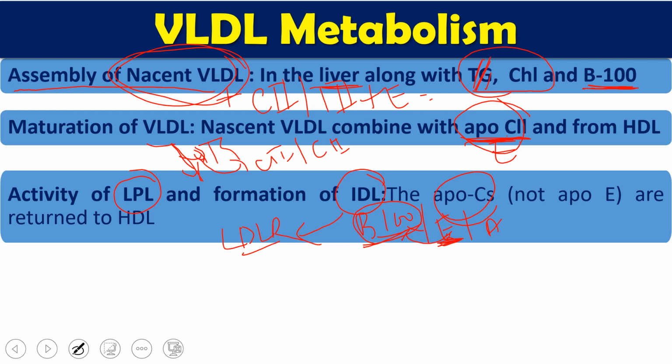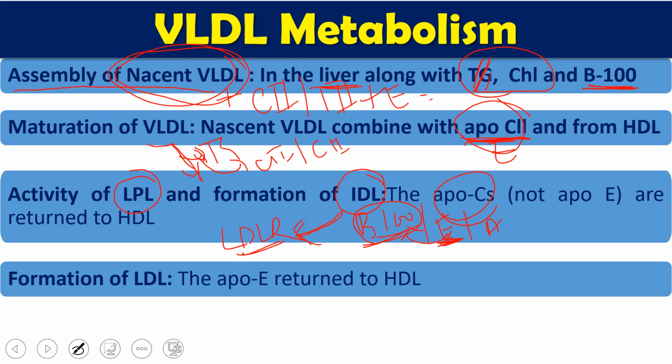So this IDL has two options. Either it will be converted into LDL or it will go back to the liver. One way, it goes to the liver, binds with the LDL receptor via B100, and because of E its affinity is very high, so it binds and is reprocessed. The second way is that this IDL is converted into LDL, low density lipoprotein.